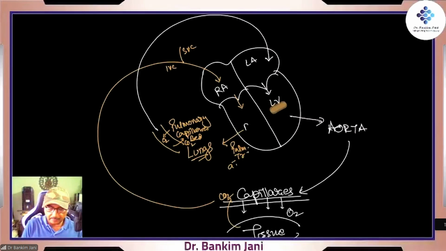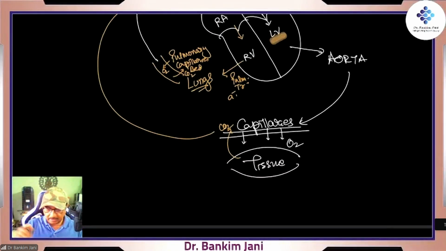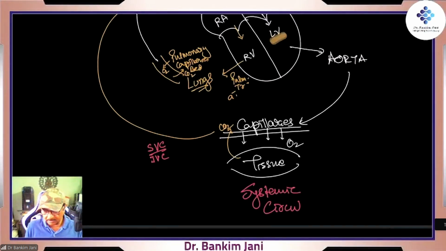And then from the right ventricle, there is a system related to the lungs, and it ends on the left atrium. The system in which the aorta and the vena cavas are involved, the superior vena cava over here, is what is called the systemic circulation.